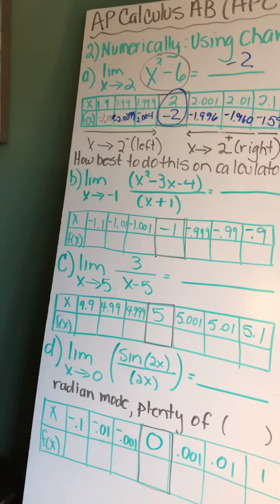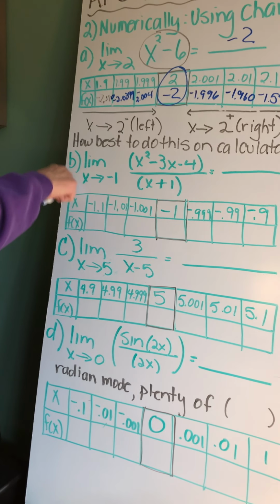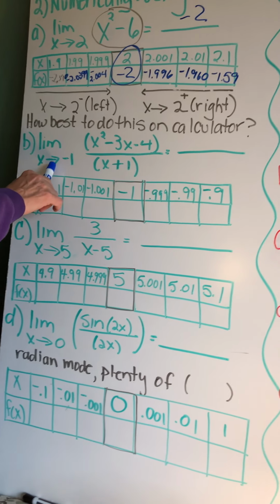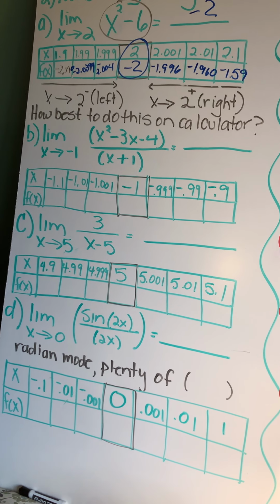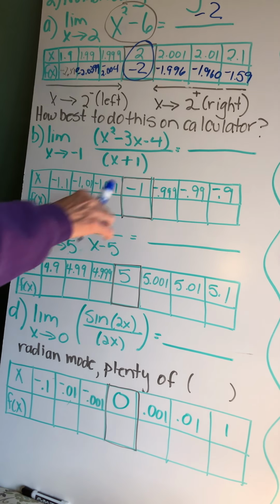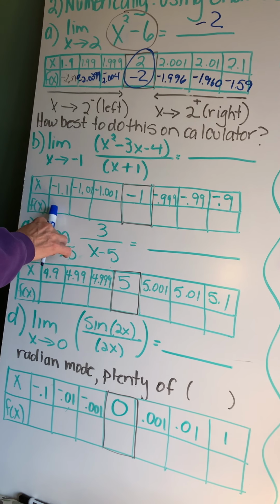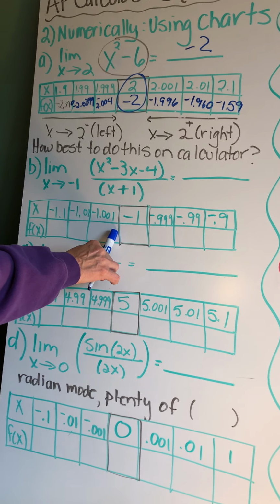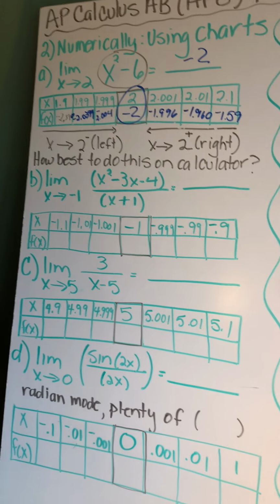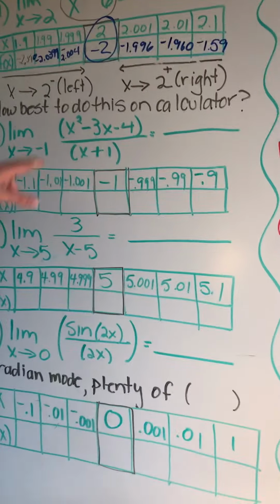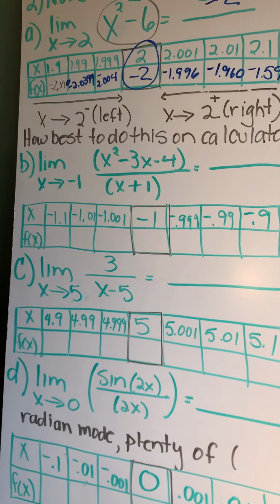Does that happen all the time? Let's find out. Let's do part b. The limit as x approaches -1 of this quadratic divided by that linear function. Let's take a look again. Notice we're approaching -1 from the left and from the right, 1,000th away. Please put this in your calculator very carefully with the parentheses that I have.